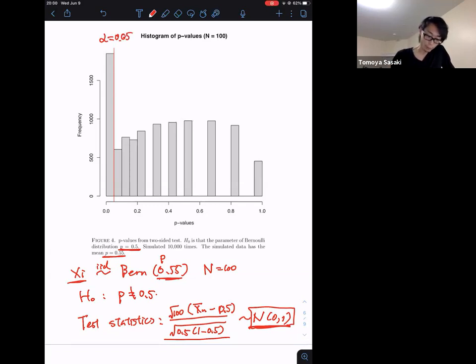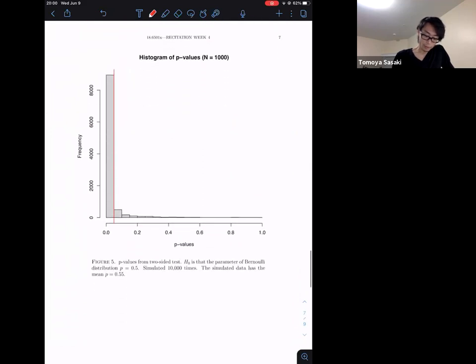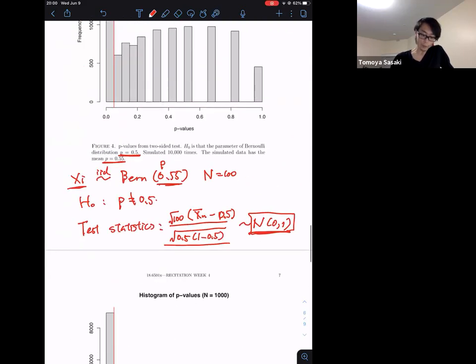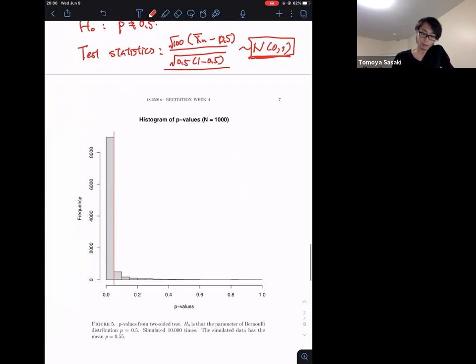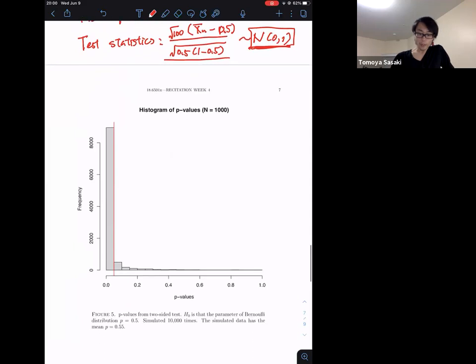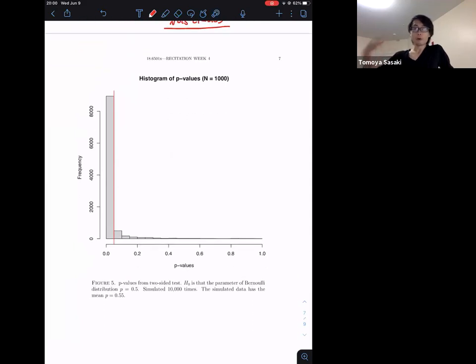And if you increase n, you are more likely to reject the hypothesis, actually more than 9,000 times. I'm doing the same exercise, just changing the value of n. This means that if you have more and more observations, you're more likely to get smaller p-values, even though the true distribution behind the data is the same.